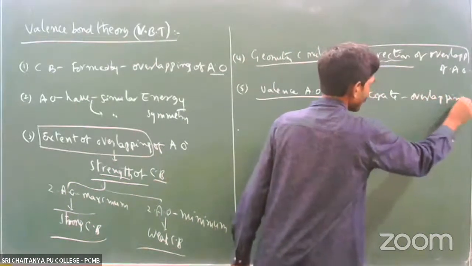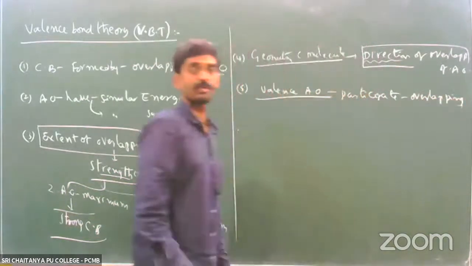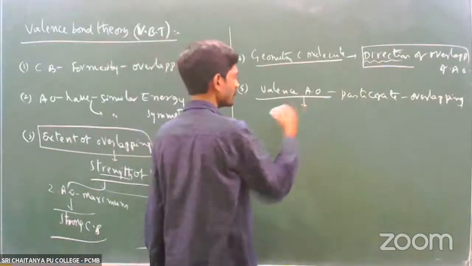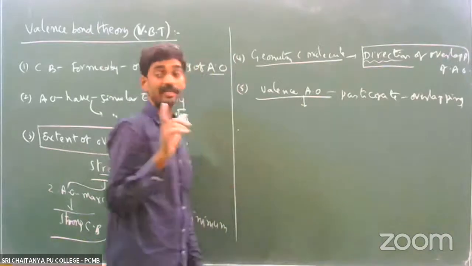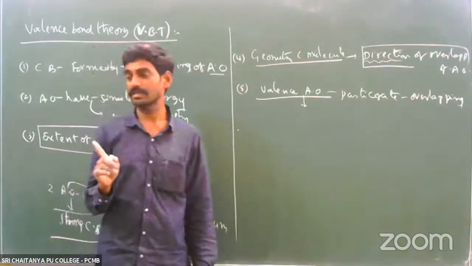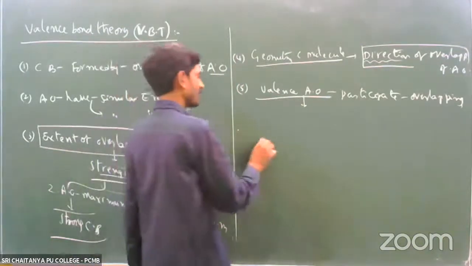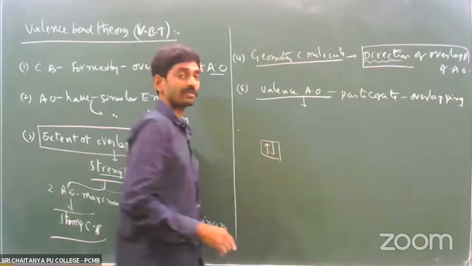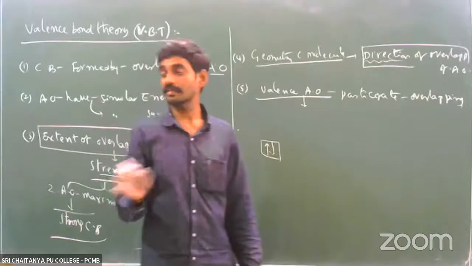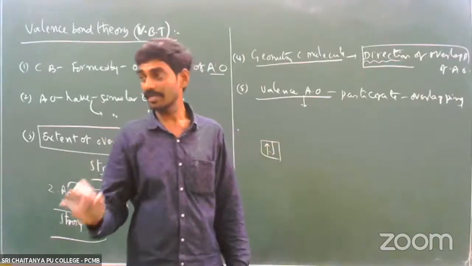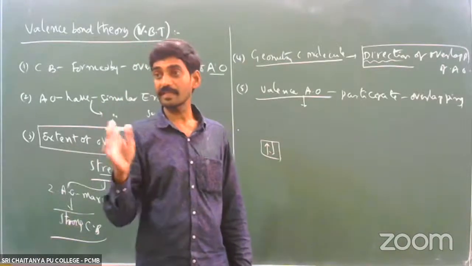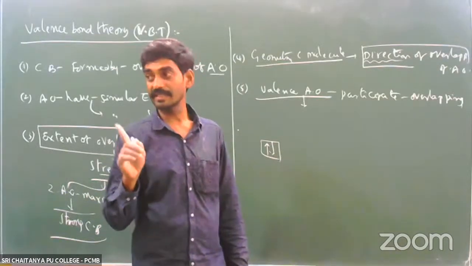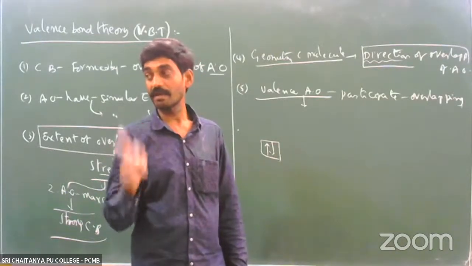Maybe all valence cell atomic orbitals? No. Only those valence cell atomic orbitals which have unpaired electrons. The atomic orbitals s, p, d with paired electrons cannot participate in overlapping. The participating atomic orbital must have a single, unpaired electron.